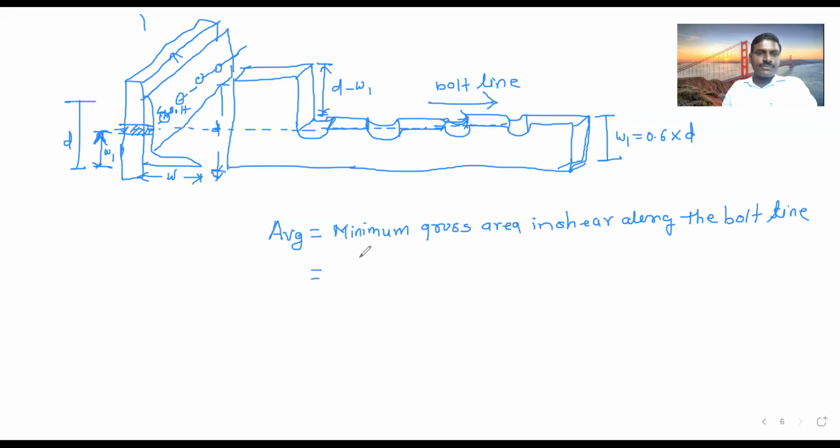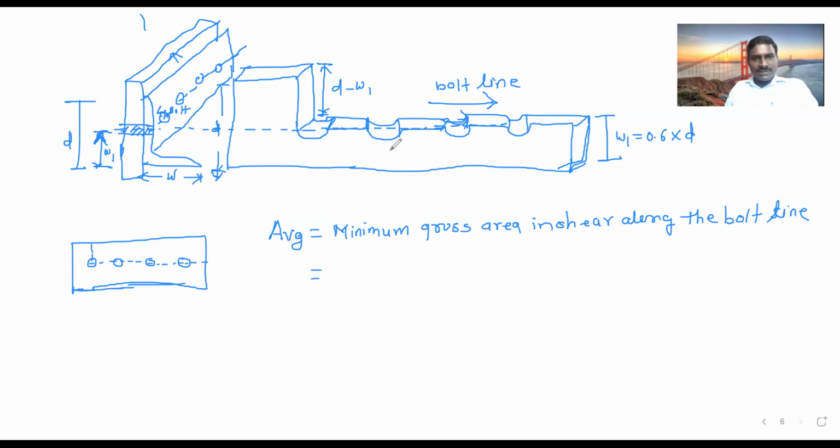So now, which area we have to consider, I will tell you here. This is the first bolt, this is the second, this is the third, and this is the fourth. Now here, I have drawn a single line sketch.